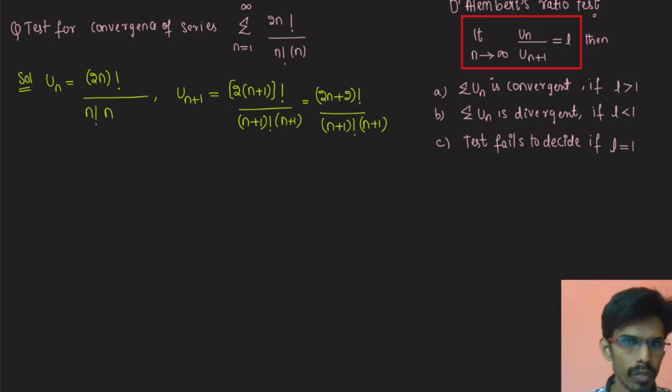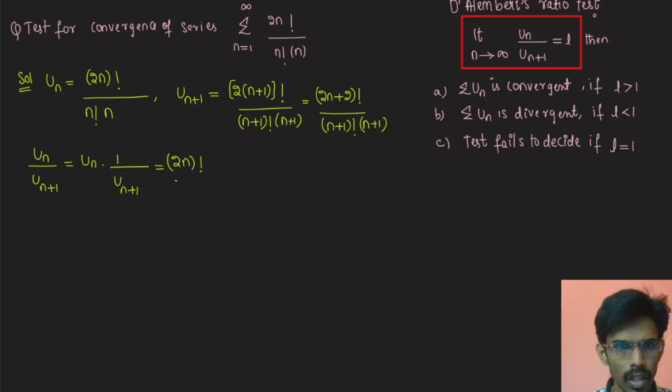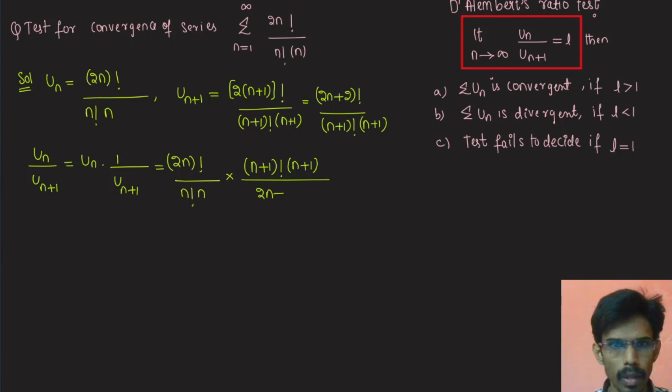Now take the ratio of these two. We have un upon un plus 1 can be written as un into 1 by un plus 1. So un value we have (2n)! upon n! into n. Next we have 1 by un plus 1. So reciprocal means take the denominator first: (n plus 1)! into n plus 1 into (2n plus 2)!.